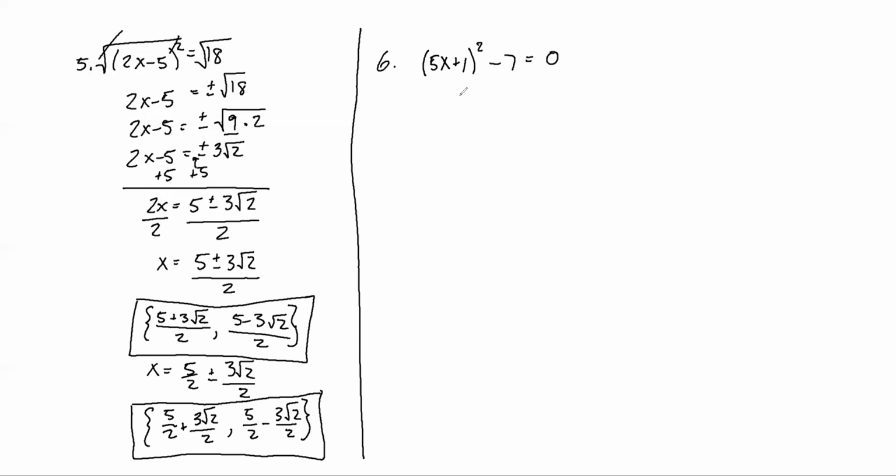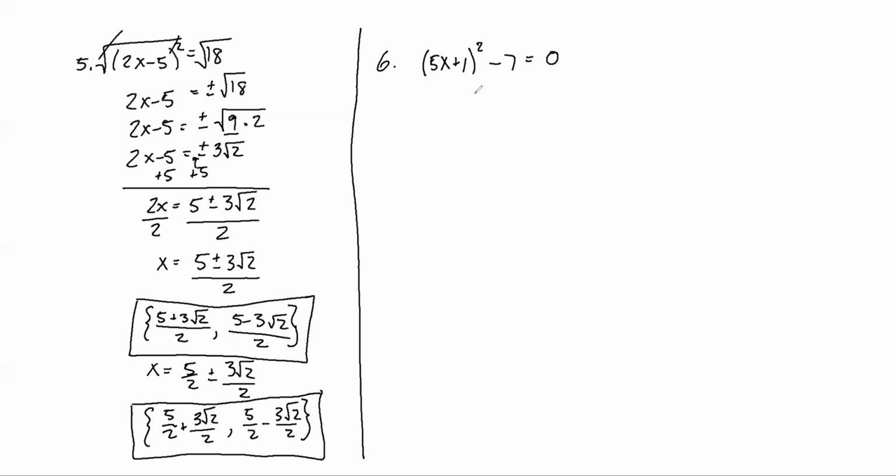This one is one of the ones that's nice to use the square root property with because we have something being squared and our only other term is a number. So that's kind of the thinking process behind why we're using the square root property for these.